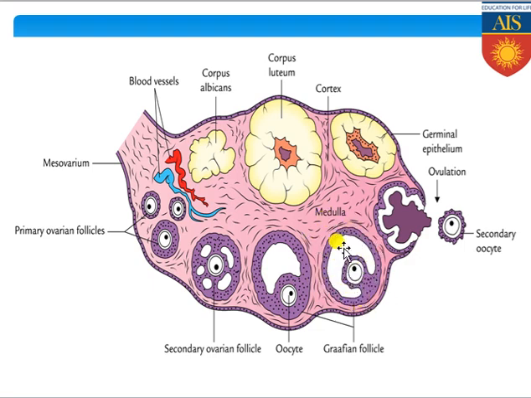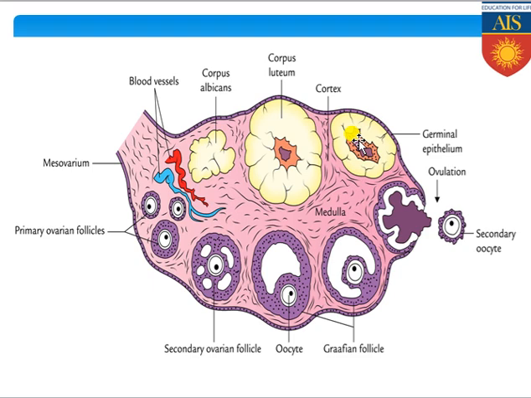Now this Graafian follicle has converted into a structure where you can see the ovum has been released from the Graafian follicle. Just after the ovulation process is completed, the Graafian follicle is converted into a cell mass, commonly known as the corpus luteum. Keep it in your mind, this is yellow in color, because of the presence of lutein granules.